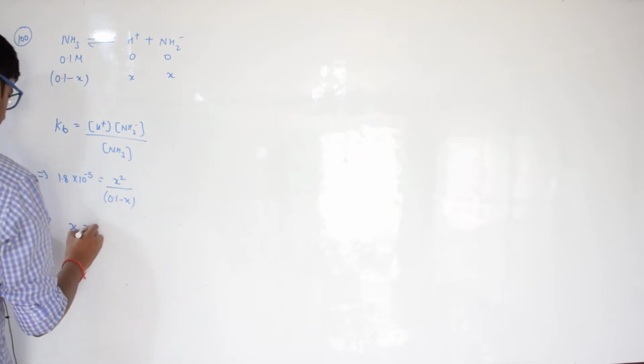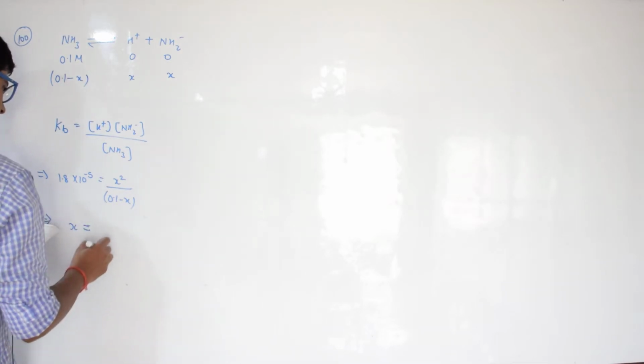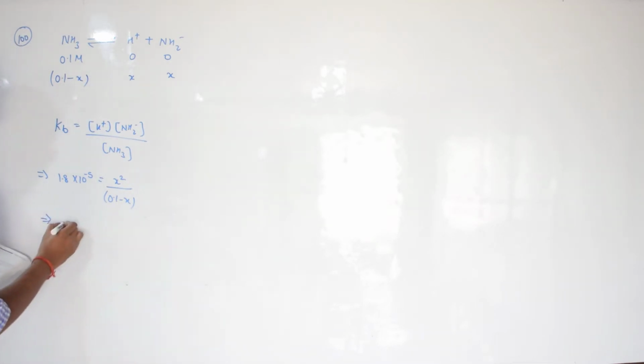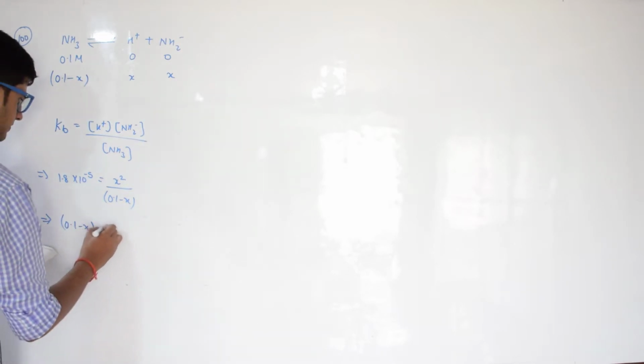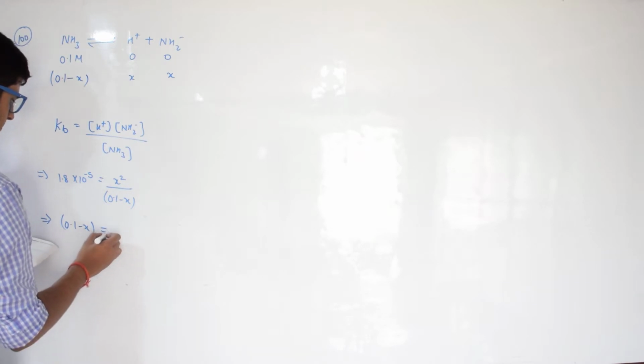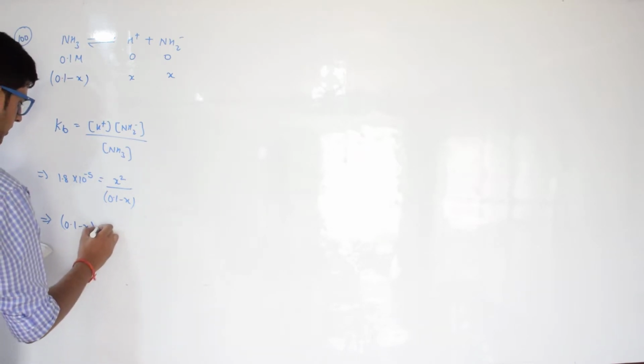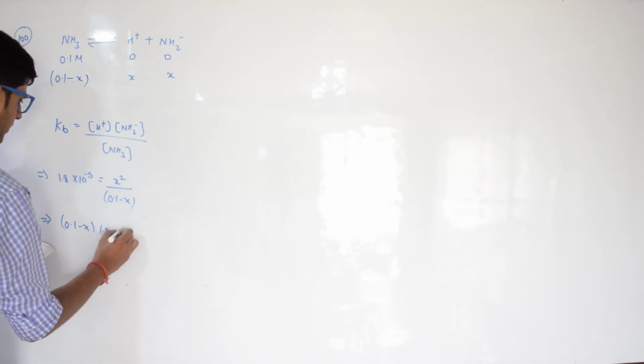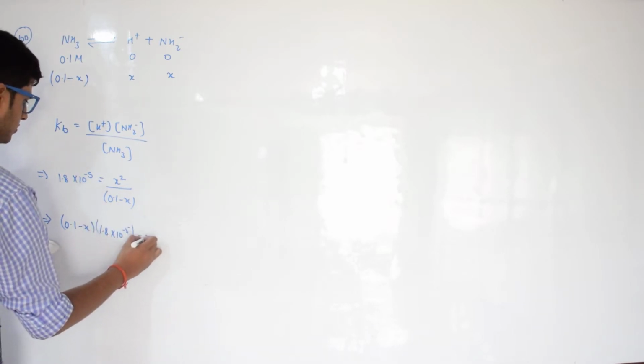So, 0.1 minus X multiplied by 1.8 into 10 raised to the power minus 5 is equal to X square.